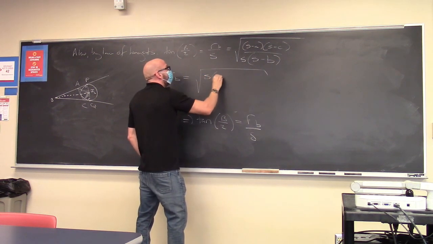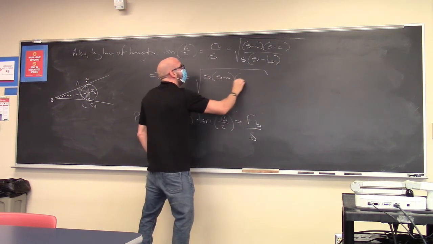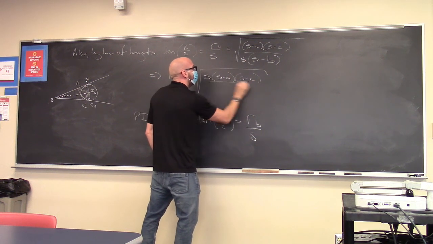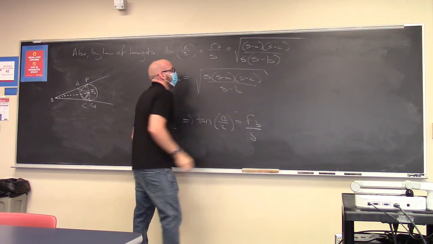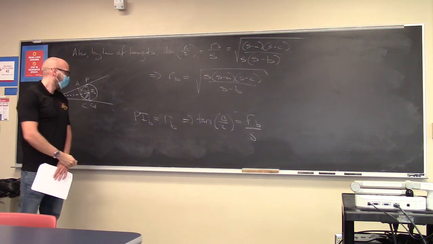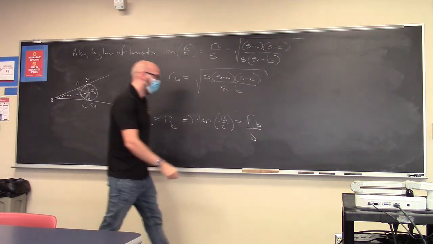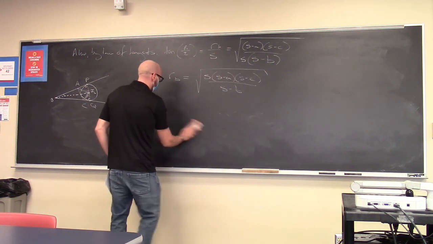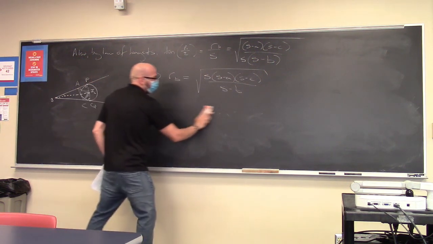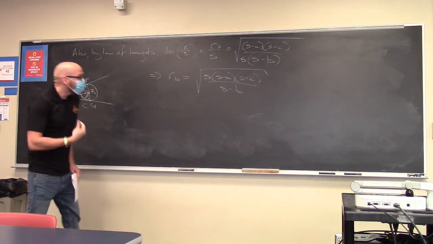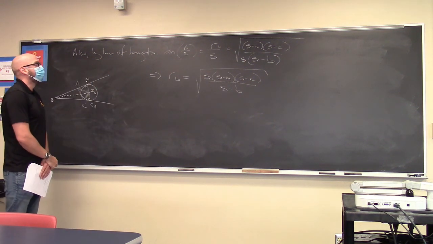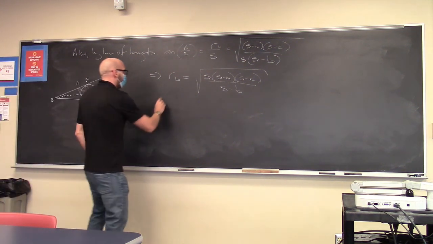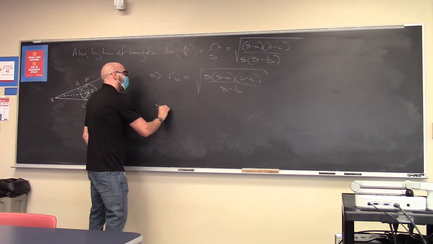We end up with s times (s minus a)(s minus c) over (s minus b). Here you're essentially done. All I have to do now is do the algebra. So there's r sub little b.